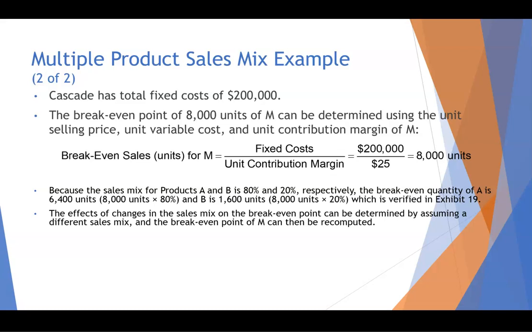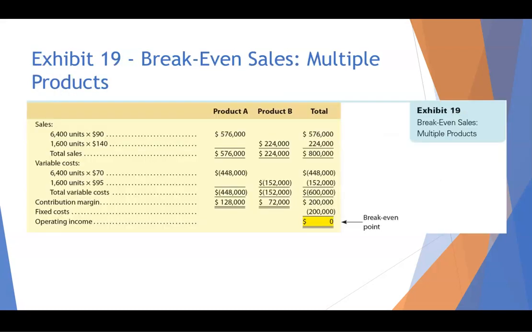Since that mix is 80% of product A and 20% of product B, then we know we need to sell 6,400 units of product A and 1,600 units of product B. So as you see here, this shows how you can calculate the break-even point for this mix.